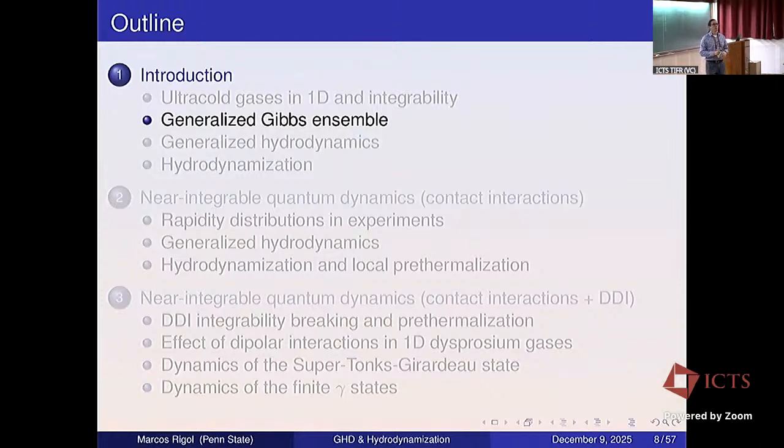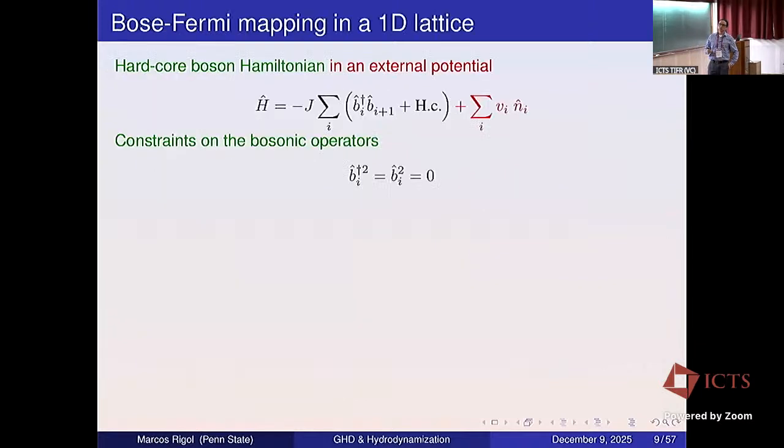Now, I'm going to be showing you throughout this talk a lot of results, and those results are really exact calculations. Let me just spend a couple of slides telling you how these exact calculations are done, so that you see what is behind them. What I'm going to be modeling is the infinite repulsion limit, the Tonks-Girardeau regime of the Lieb-Liniger model.